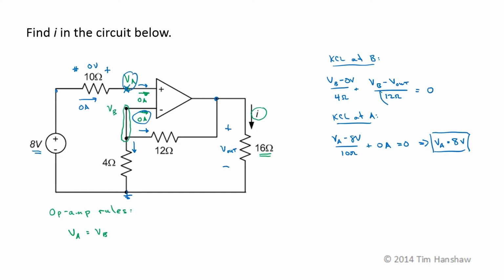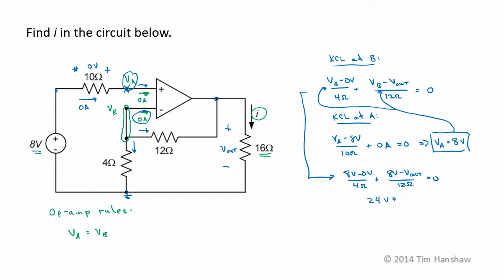Now I can plug this in for VB here. So making that substitution, I get 8 volts minus 0 volts over 4 ohms plus 8 volts minus V out over 12 ohms is equal to 0. Multiplying through by 12, that's 3 times 8 is 24 volts plus 8 volts is equal to V out.